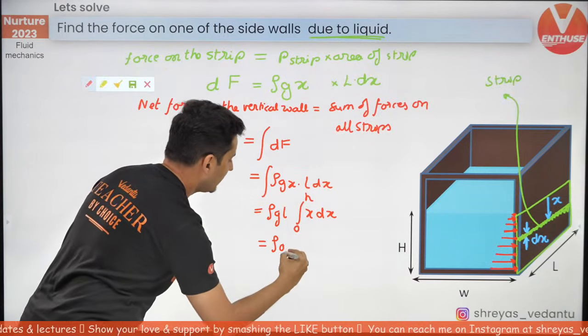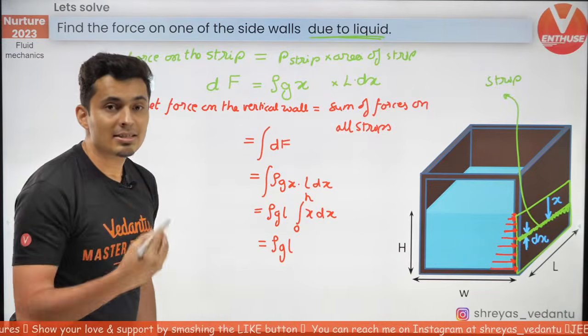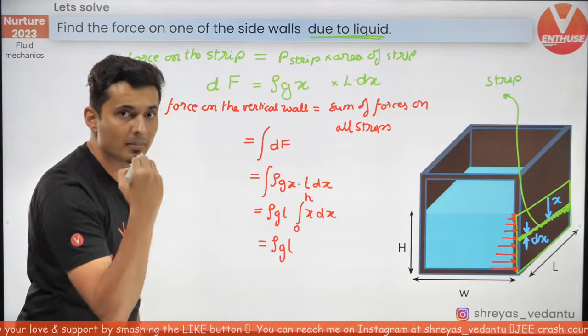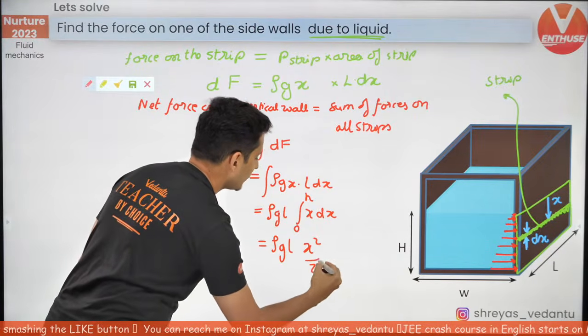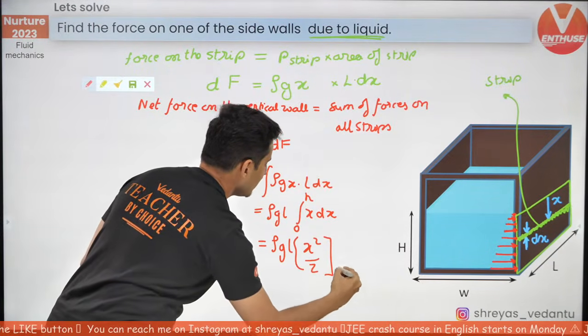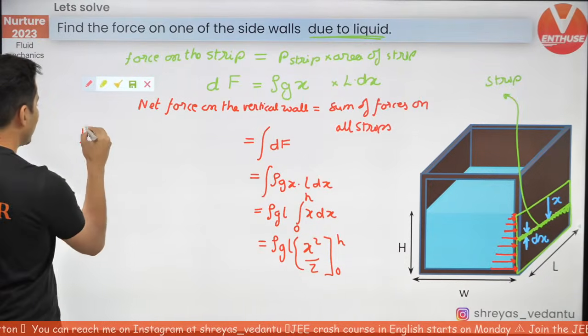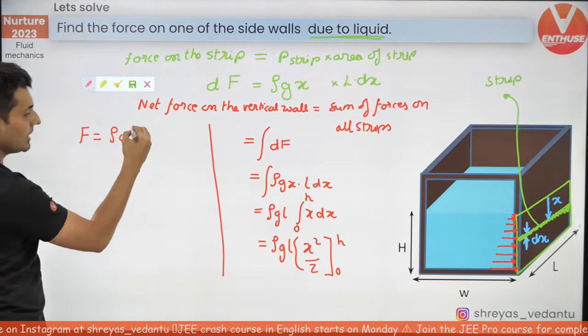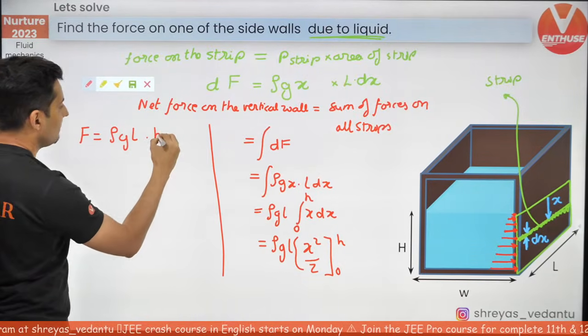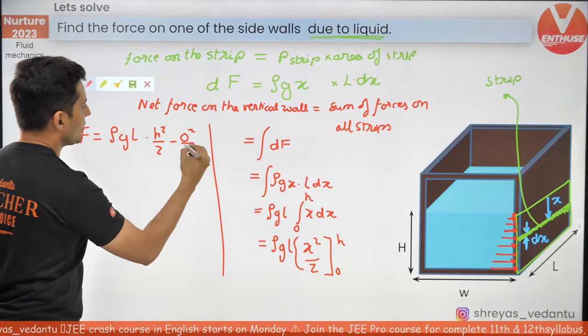It is x raised to 1 plus 1 by 1 plus 1, that is x squared by 2. The limits are 0 and h. So the net force will be rho g L, and you will have h square by 2 minus 0 square by 2.